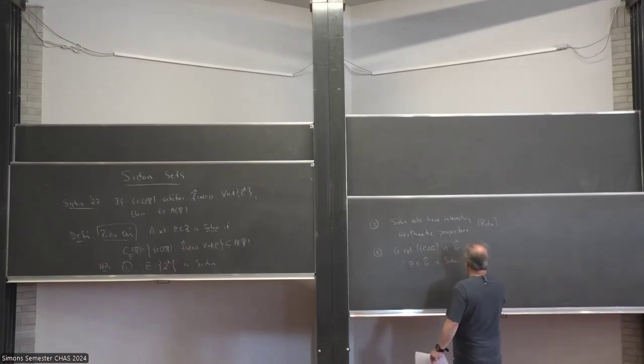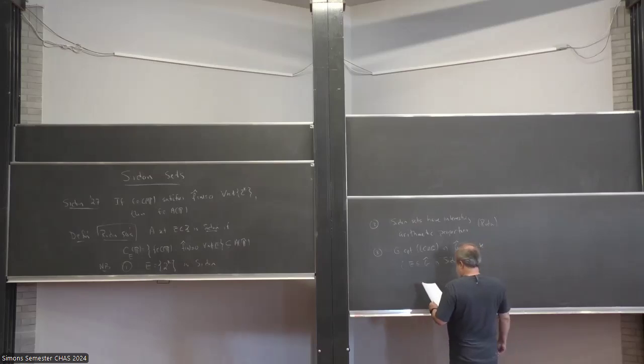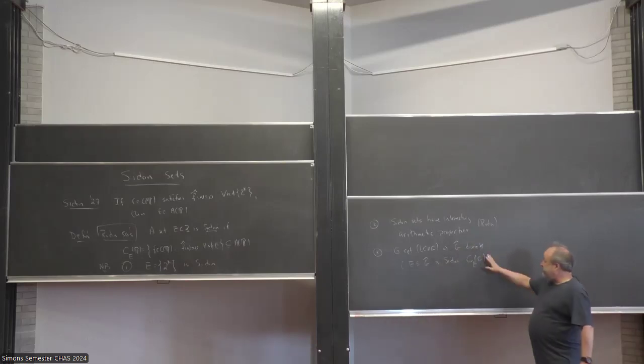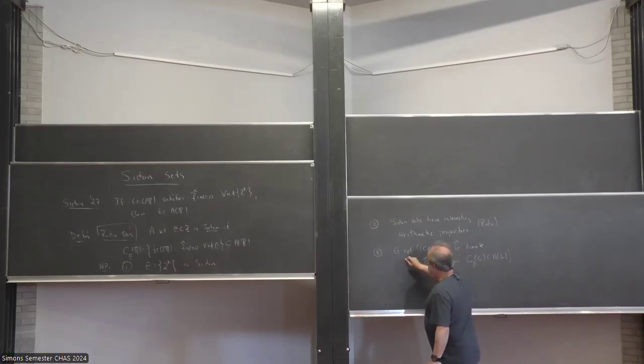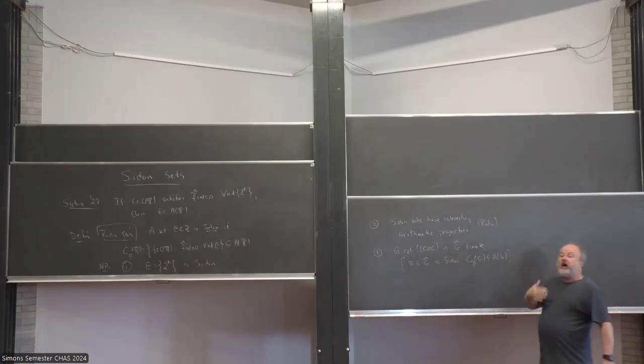If I look at the continuous functions on the group itself that are Fourier supported in the set E, automatically it's in the Fourier algebra of G. So for compact, locally compact abelian groups, this notion of Sidon set makes sense.